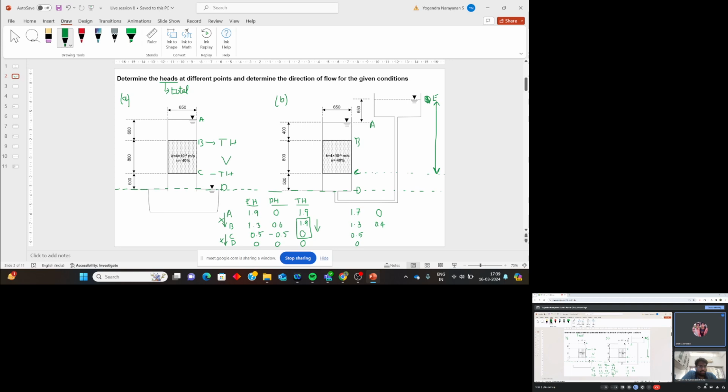Okay, now what will the pressure head be here? The head, the line I have marked with arrow mark. So 2.5, 1400 plus 650.